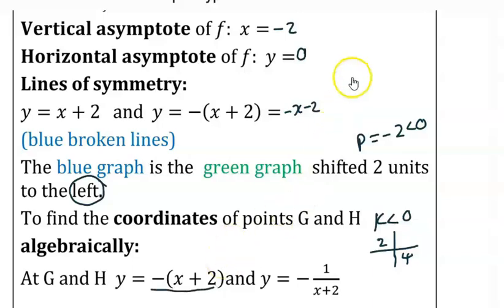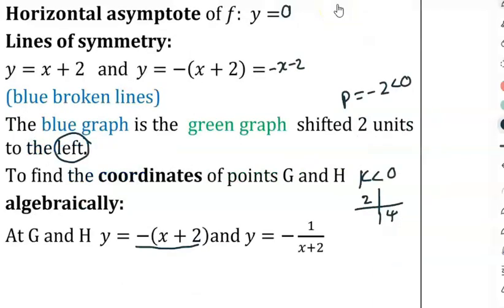This is to calculate the coordinates of the vertices. So if I solve that, I get minus x minus 2 is equal to minus 1 over x plus 2, and I know that x plus 2 is not equal to 0, so I can multiply by that. Perhaps I should have just done that. Let us just leave it like that.